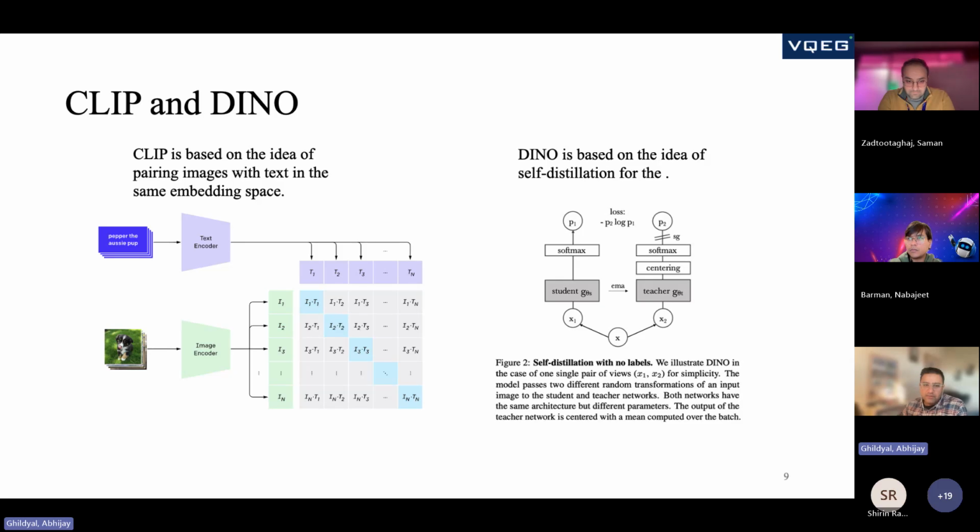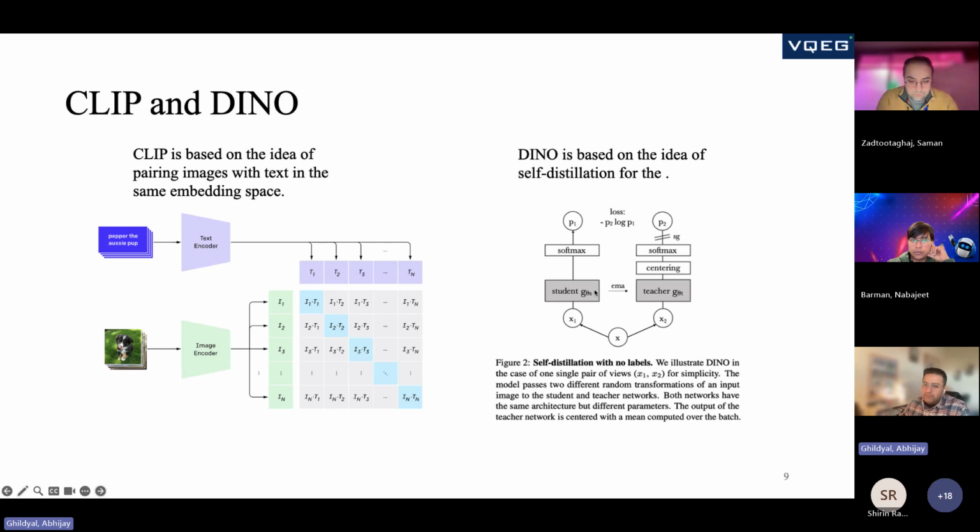CLIP, or Contrastive Language-Image Pre-training, was developed by OpenAI, and this foundation model was able to bridge the gap between language and visual understanding. As the name suggests, it uses a contrastive learning approach where it learns to maximize the similarity between related text and image embeddings, and at the same time minimizes the similarity between unrelated pairs.